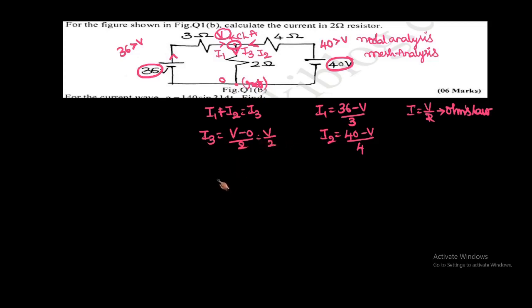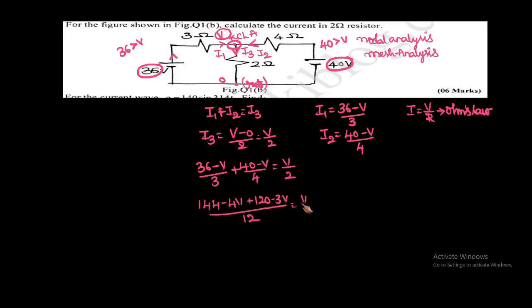Let us substitute I1, I2 and I3 in the equation. 36 minus V divided by 3 plus 40 minus V divided by 4 is equal to V by 2. Taking the LCM: 144 minus 4V plus 120 minus 3V divided by 12 is equal to V by 2. The 2 and 6 get cancelled.